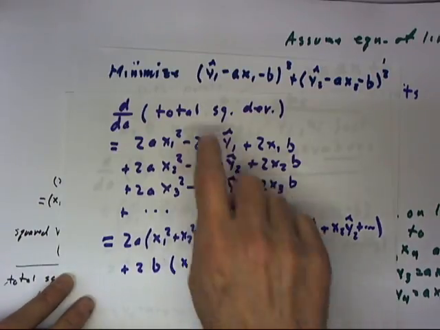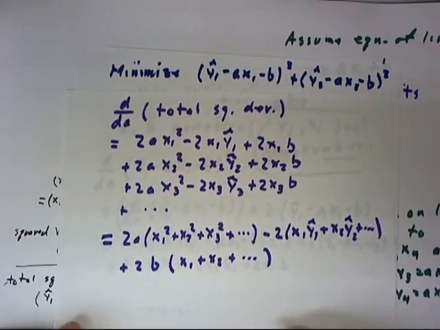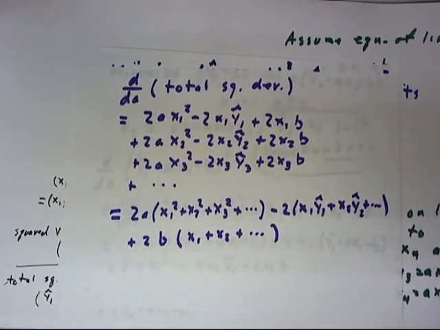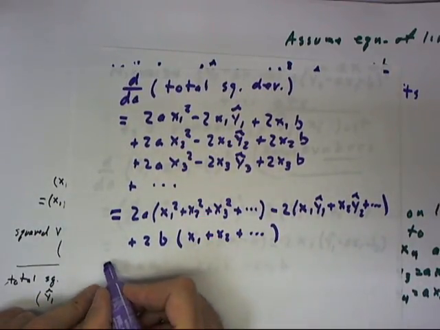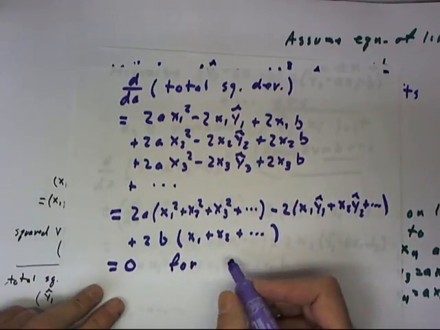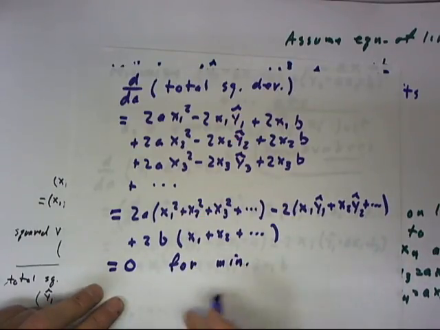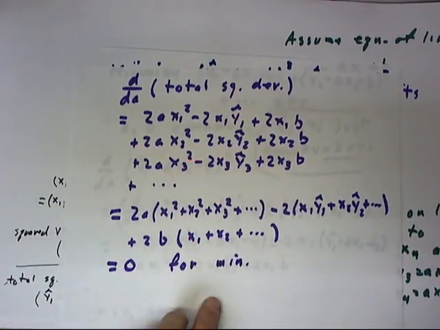But we know that a condition for minimizing this is that this be equal to 0 for the minimum of the expression that we're trying to minimize.